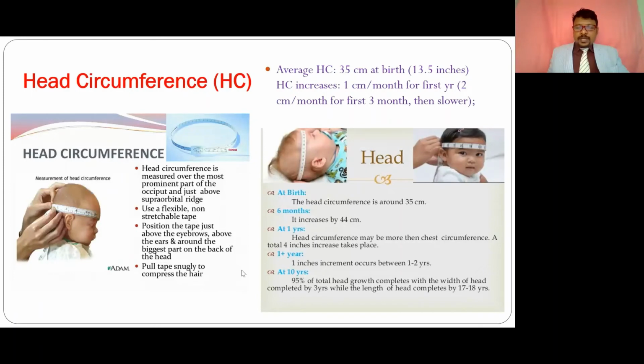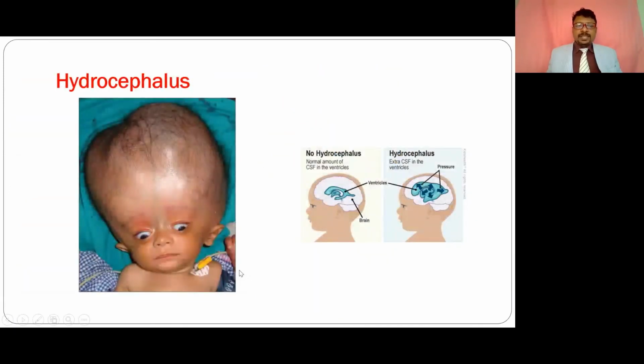As we just discussed, we can find some congenital abnormalities if anybody has an abnormality of the skull. If the baby is less than 4 months old but the head circumference is very large, this type of condition may be because of congenital hydrocephalus. Hydro means water, cephalus means brain.